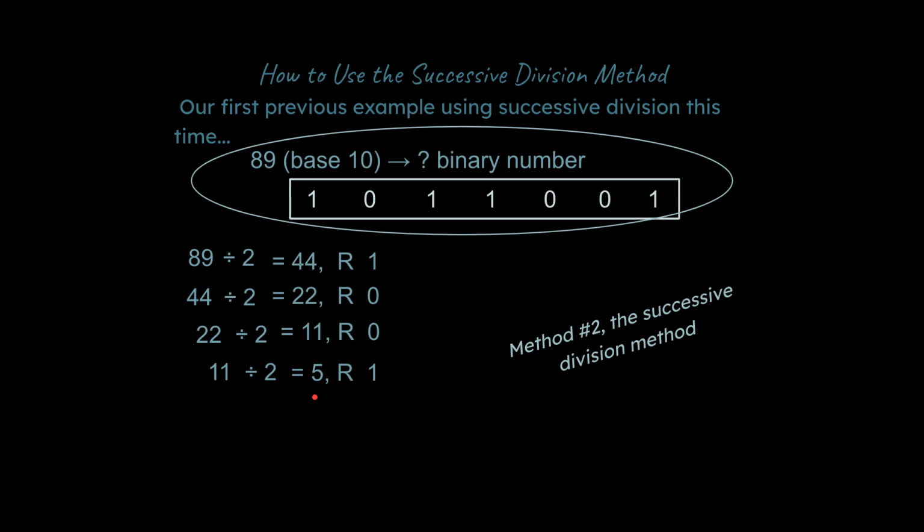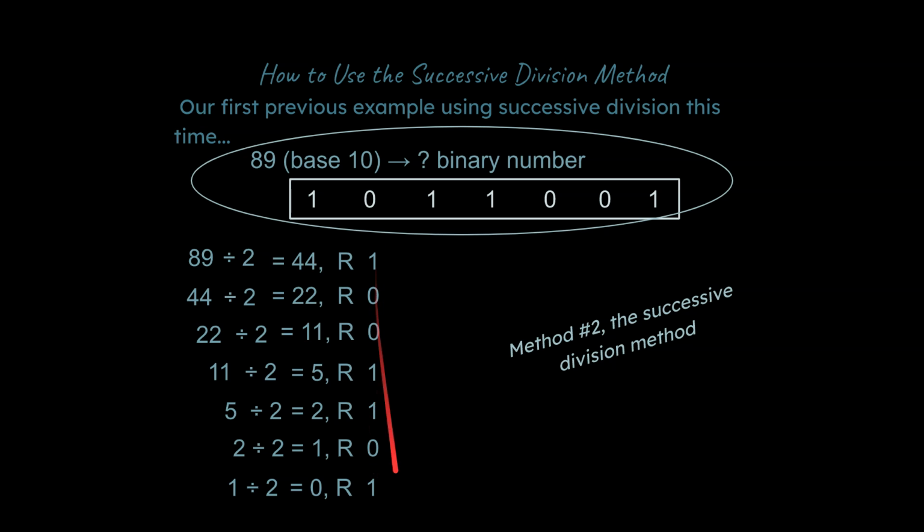And 5 divided by 2 would be 2 with a remainder of 1. And 2 divided by 2 would be 1, right, with a remainder of 0. And then this is a little bit tough, but 1 divided by 2, you could say, well, that's a half. But how many full 2's go into 1? Well, there are 0 full 2's that go into 1, but it has a remainder of 1.